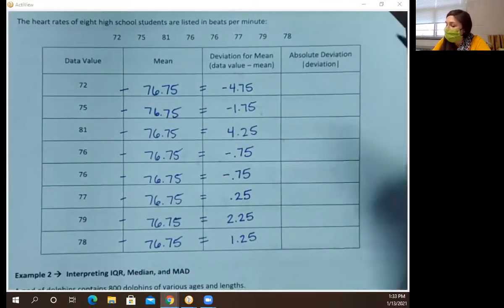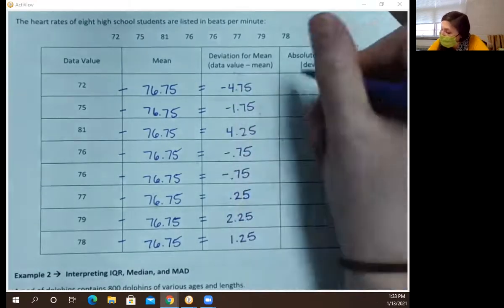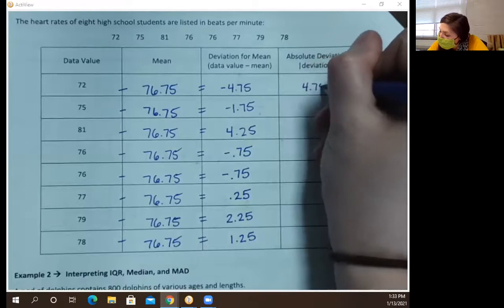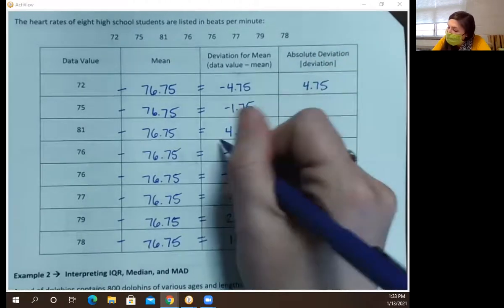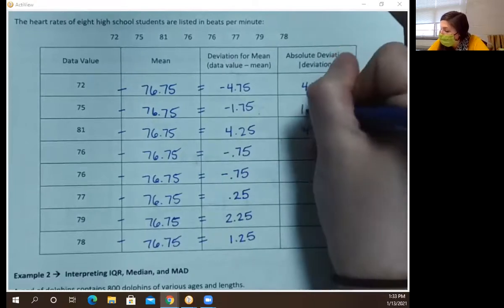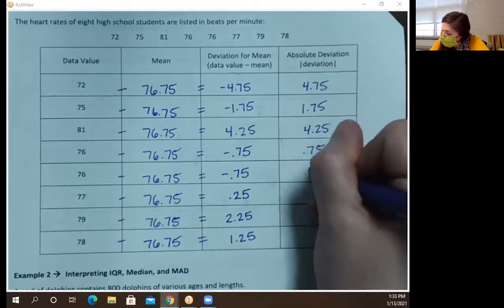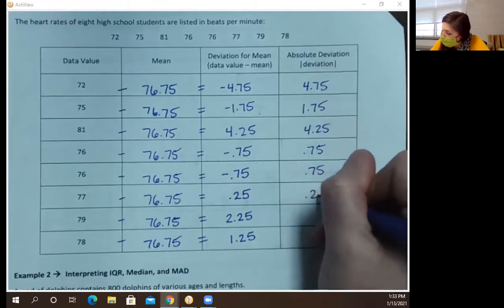Now what I want you to do is take the absolute value for each of these. So if it's a negative number, you're going to get something positive when you take the absolute value. If it's already positive, it's going to stay the same. Go ahead and fill those in for me.